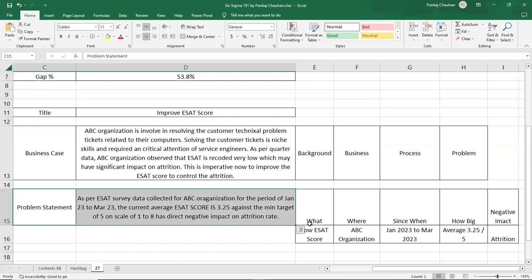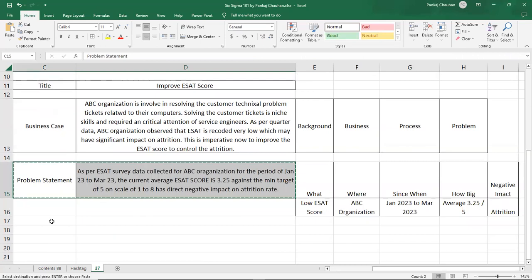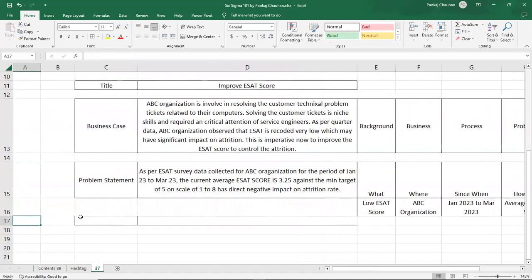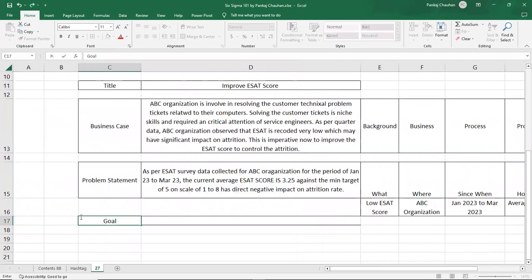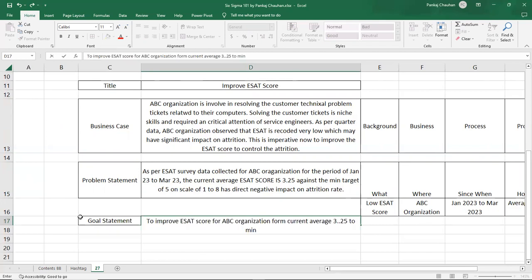Once you have written the problem statement, you have to write your goal statement as well. So goal statement is just opposite to your problem statement, as a SMART goal statement. So what are we trying to focus on? We are trying to focus to improve the employee satisfaction score. So goal statement will be to improve ESAT score for ABC organization from current average 3.25 to minimum 5.